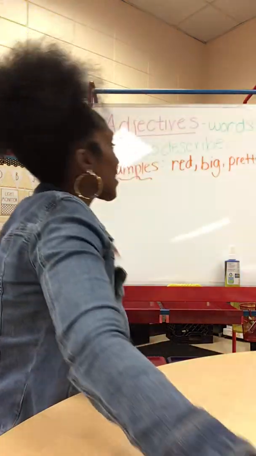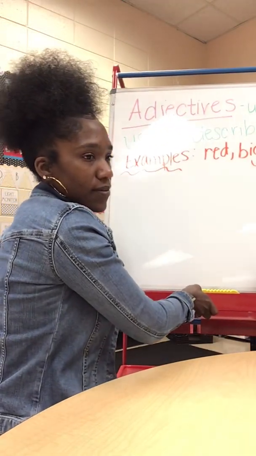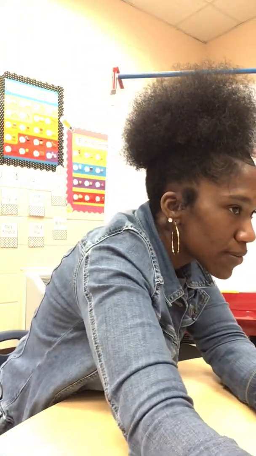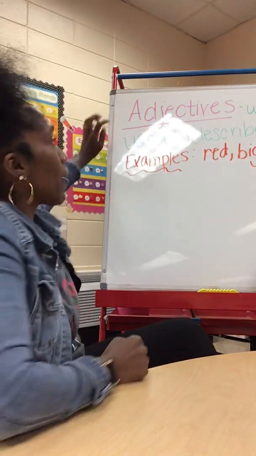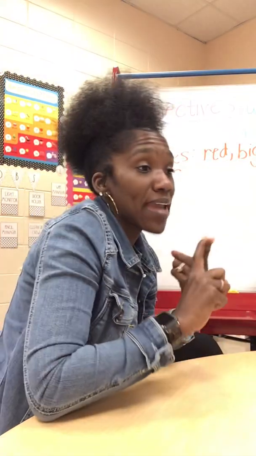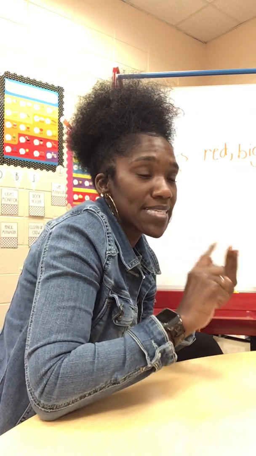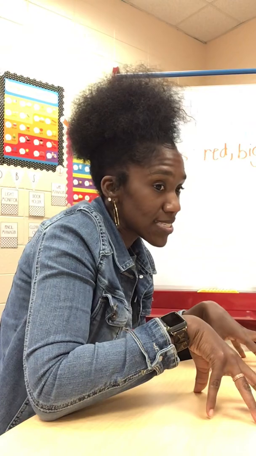All right, so look at our board here. Can everybody see that? Let me move this around. Okay. All right, so this week we are talking about adjectives. Who remembers what an adjective is? We talked about it a little bit last week. Remember we talked about nouns. Nouns are people, places, things, and animals. Verbs are actions. And then an adjective does what, Destiny?